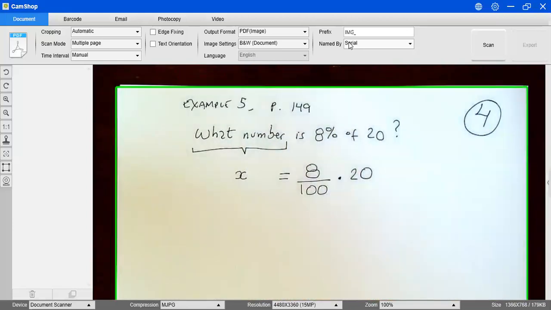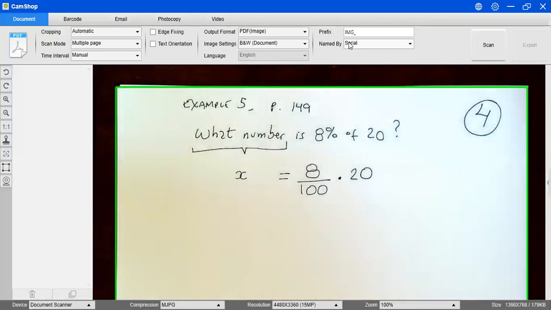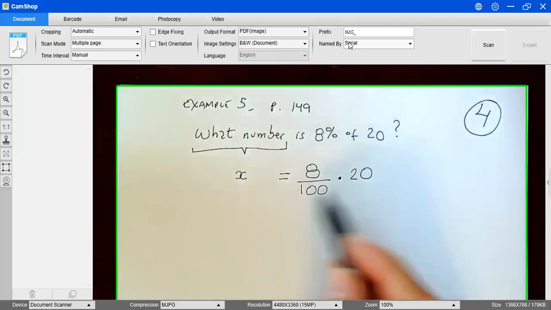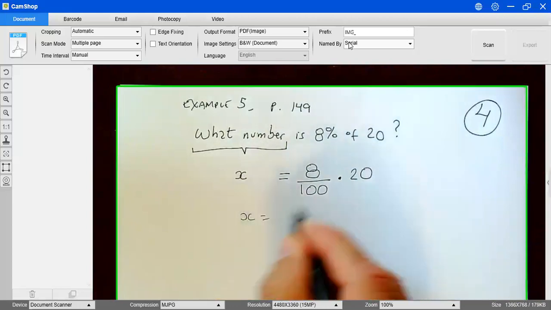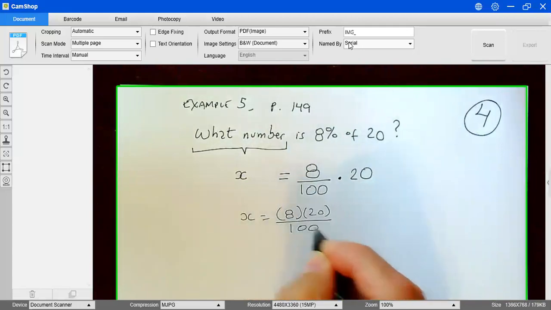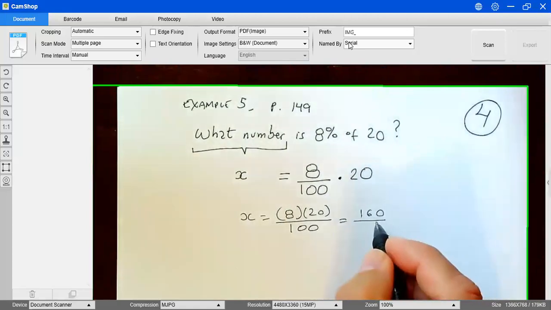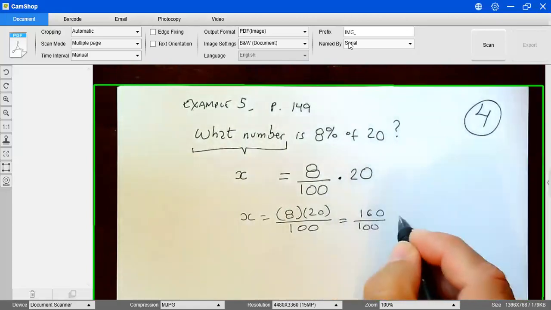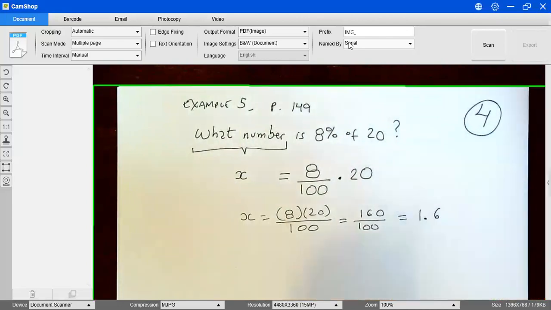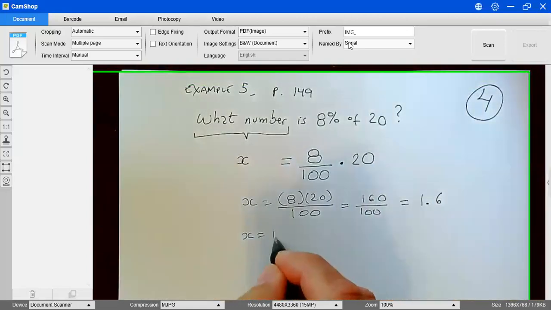So we're translating English into algebraic equations. So now we just need to solve this equation. We already have x on the left-hand side, so we only need to perform the indicated operation. So this is going to be x equals 8 times 20 over 100. You can use your calculator. You're going to get 160 over 100. So this is going to be 1.6. So now you know that x is 1.6.